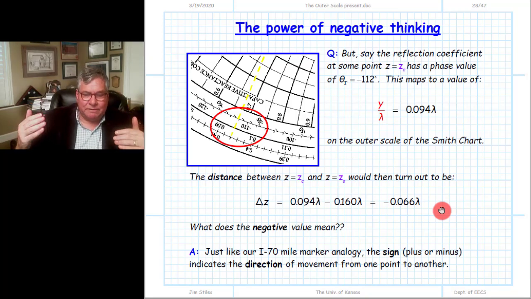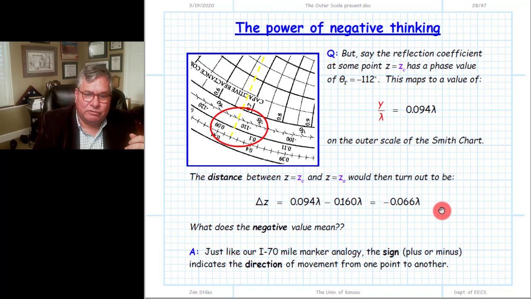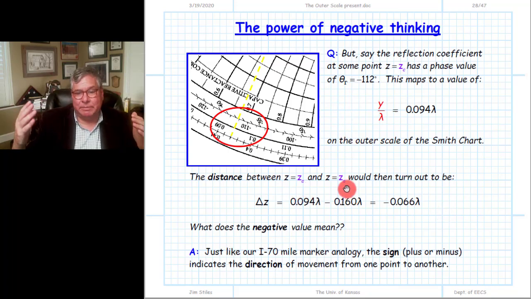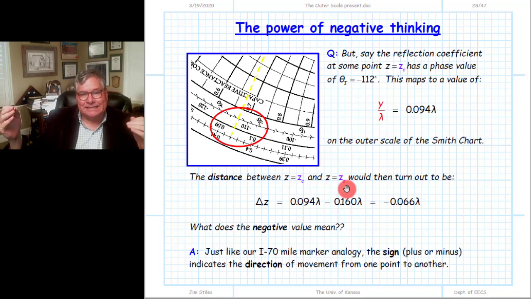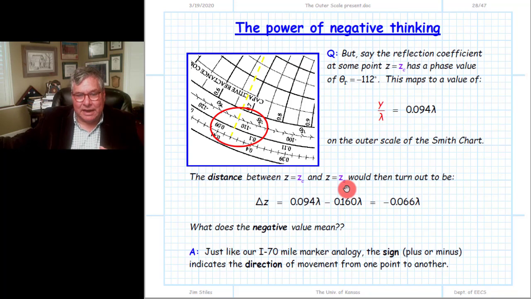If we took the difference between the values we got at ZC and ZA, and it turned out to be positive, that means the location of ZC was further down the line, further toward the load, in the direction of increasing z.